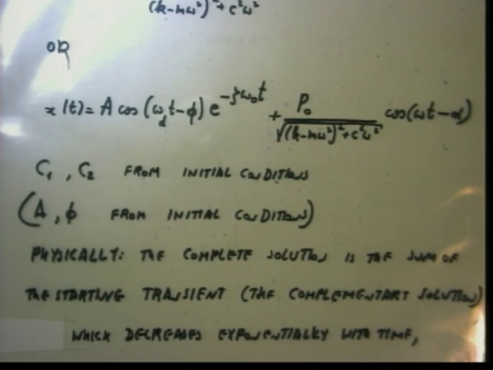So that means that physically the complete solution is a sum of something that goes away, a transient solution, which is the complementary solution, which decreases exponentially with time, and then something that stays forever.